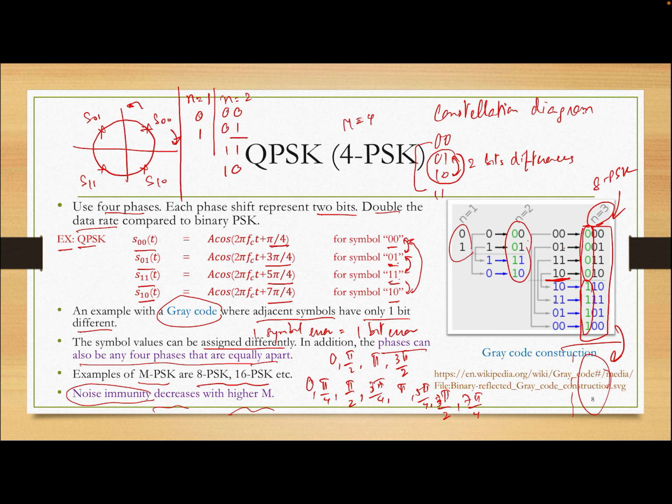If the phase is 0 and pi, for the binary case, it's easy to distinguish whether this symbol is pi or 0 phase. But if you have 0 and pi over 4, this is more difficult to distinguish. And if you have 16 PSK, you have to divide this into pi over 8, so it will be even more difficult to distinguish.